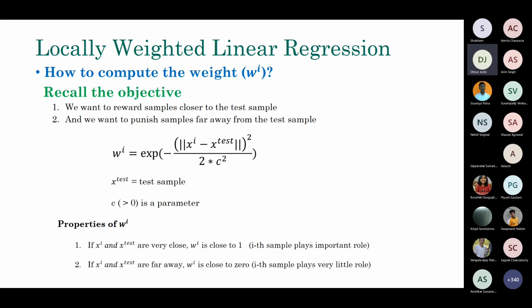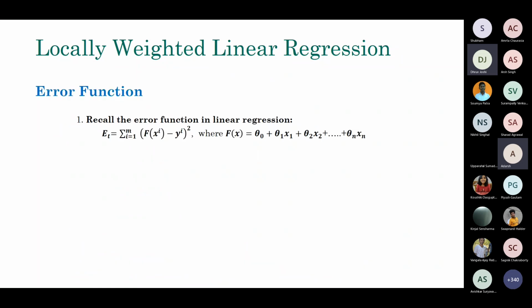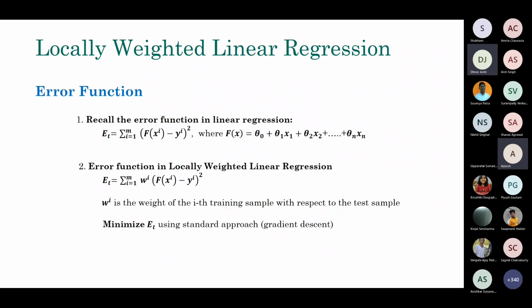The smooth weight function that we discussed in solution 2 in the previous slide, will we use the same weight formula as in the error function? Yes. Here wi compares the weight of the sample with respect to the test sample, and then you use that here.